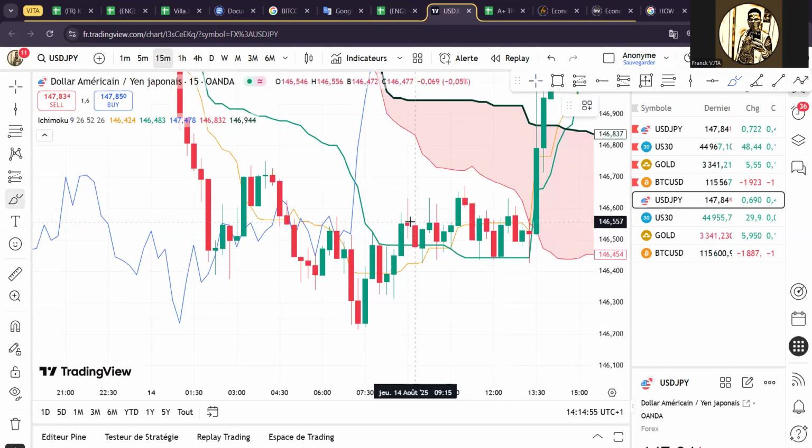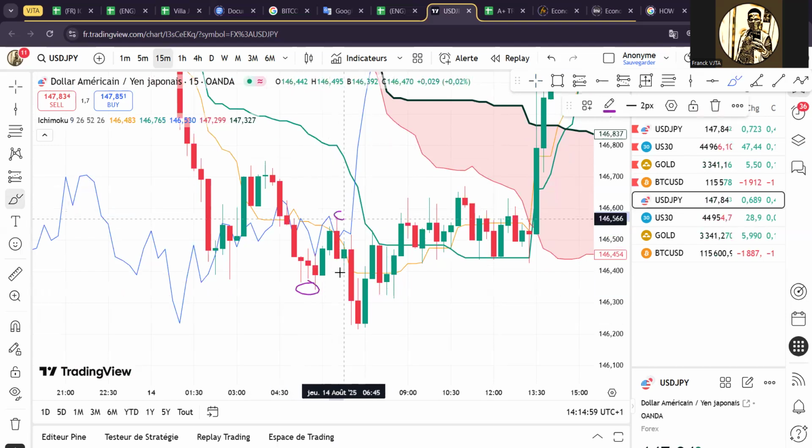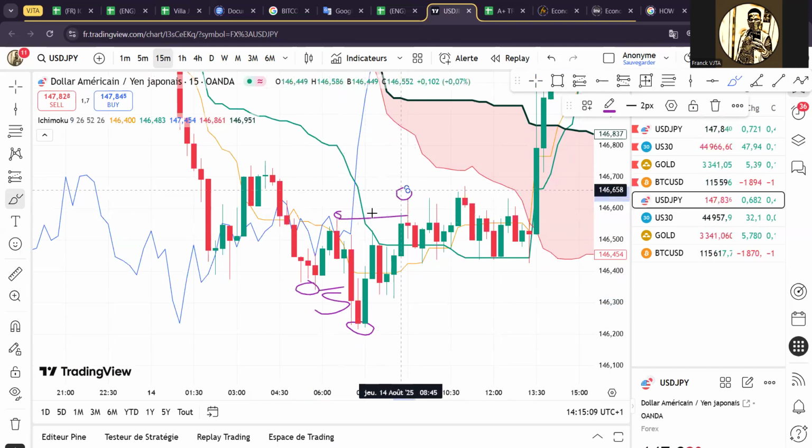It can be a correction, right? So you have this low, this high, this low. From here we have a sell because this low broke this previous low. But from this point, you have a buy from price logic because this low created this high and this high just broke this previous high. So we had a buy.